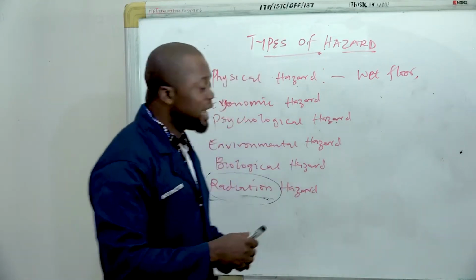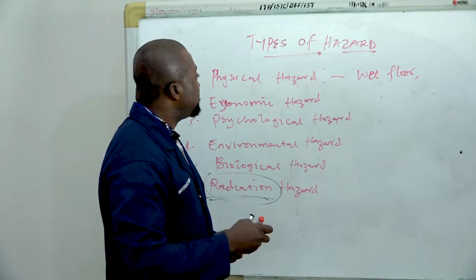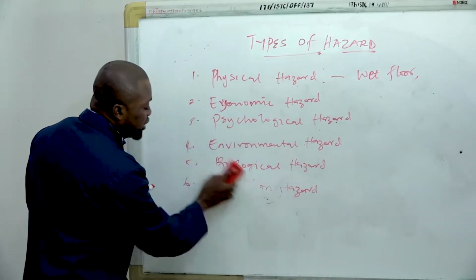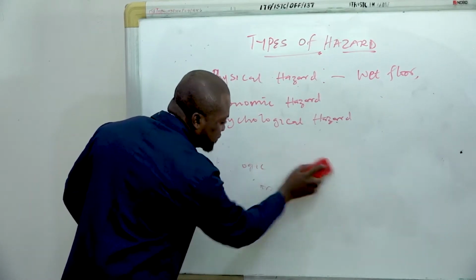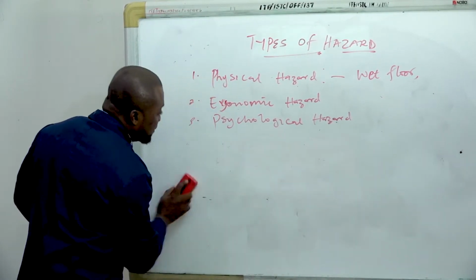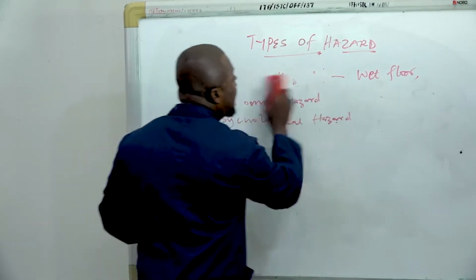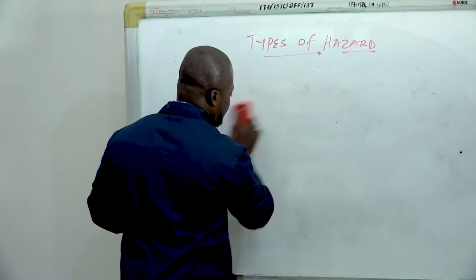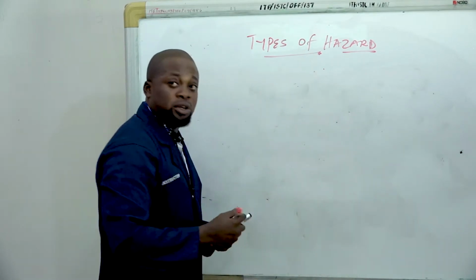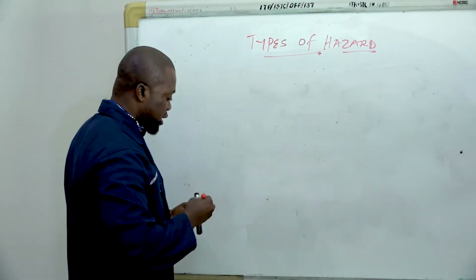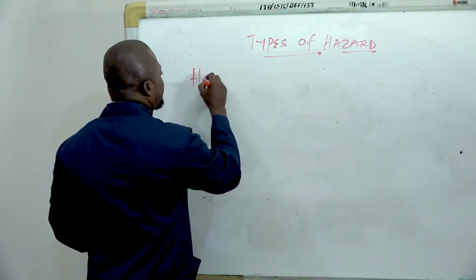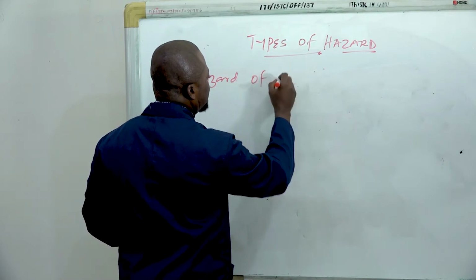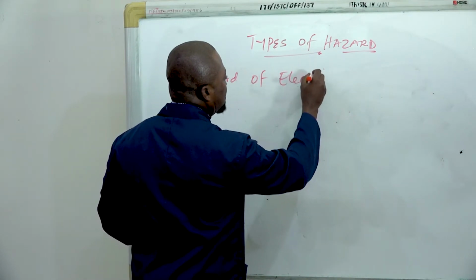But as it concerns us most, as an electrical personnel, we're going to be looking at hazards of electricity. Electrical hazards, so to say. So let's look at hazards of electricity. That is where it concerns us most.